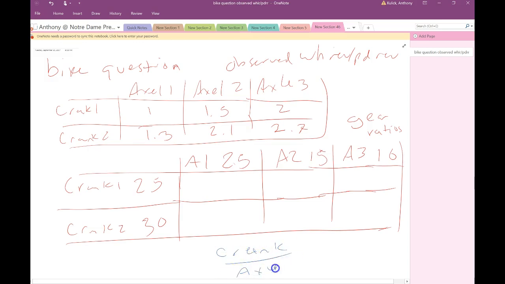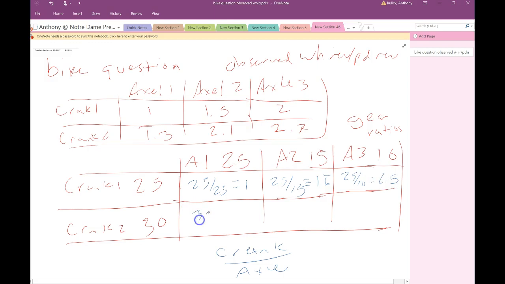Yeah, so it's crank divided by axle. So this one would just be 25 over 25, which is 1. This one would be 25 over 15, and that's, what is that, like 1.6 repeating. And then 25 over 10, which would be 2.5.